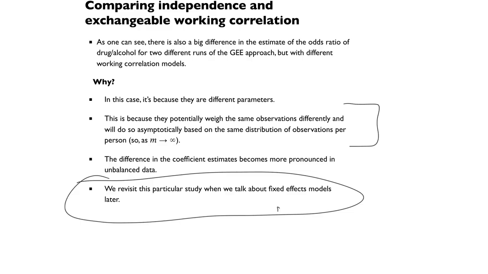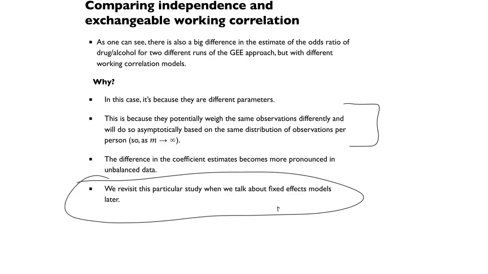So when people say that you get consistent estimates for GEE no matter what your working correlation structure is, it's qualified by you have to have balanced data. If you don't care what your working correlation is? Yes. So if you have balanced data, same number of observations per subject, it won't matter.